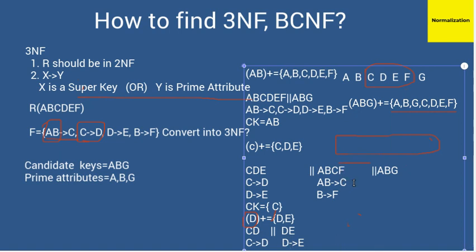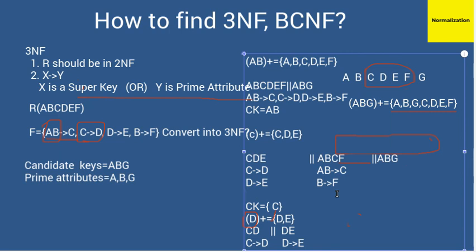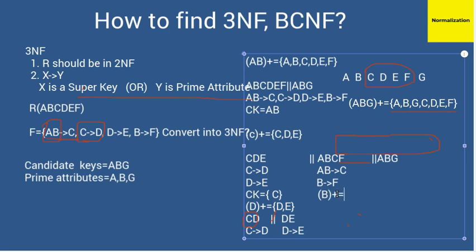Now check here. AB gives rise to C, whether it is in 2NF or not. Here AB is a candidate key, so AB is a super key, so we need not worry about that. But B is not a super key, and F is not a prime attribute. So here the problem occurs. Whenever the problem occurs, you need to find the closure of that. So find the closure of B plus.